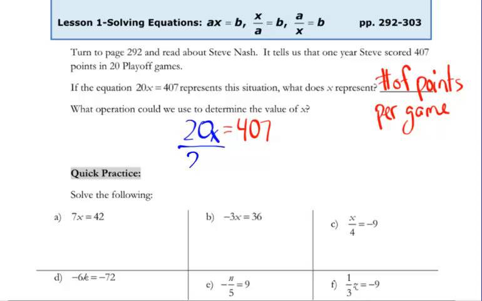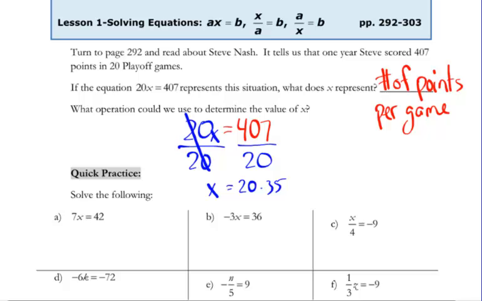If we divide both sides by 20, we see that 20 divided by 20 is 1, so we're left with x on one side. And that's the whole idea here, we want to isolate the variable so that the variable is all by itself on one side. And if we divide 407 by 20, we get 20.35. And as I said earlier, that's an average of the points per game.